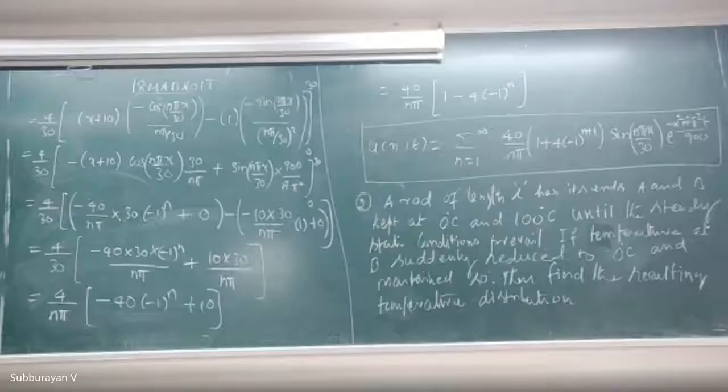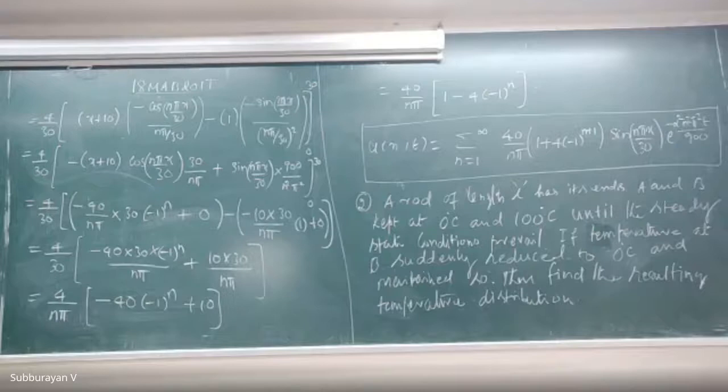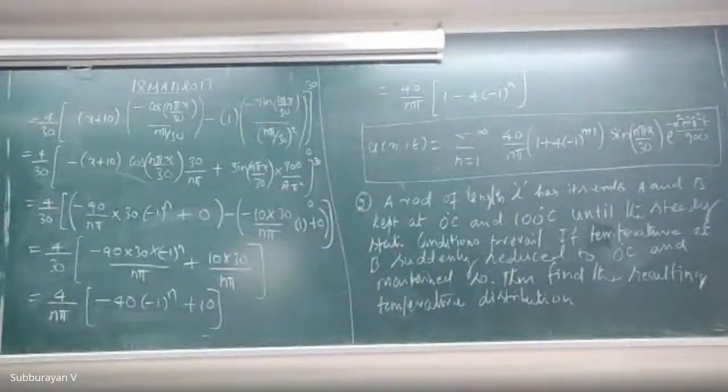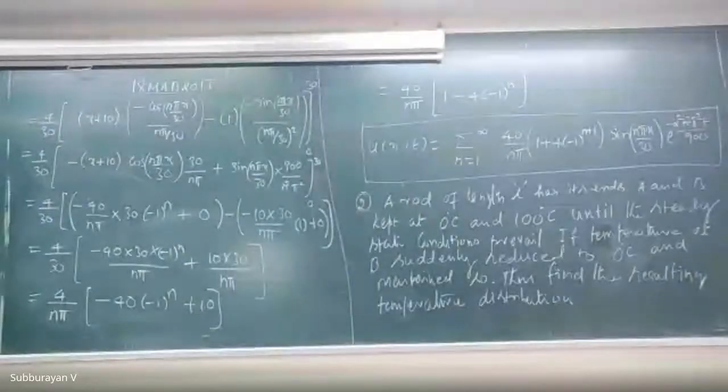And at x equal to L? 100 degrees Celsius. We have two conditions at x equal to 0 and x equal to L. Therefore, the steady state temperature distribution along the rod is U equal to 100 x by L.